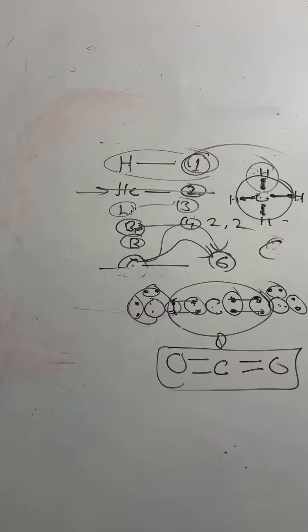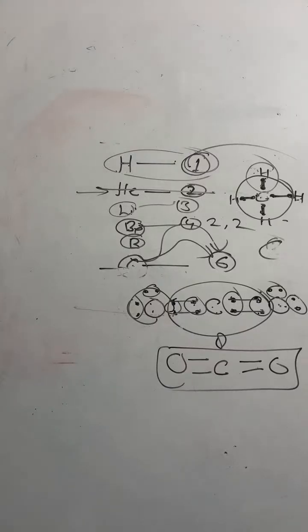Is it donating? Answer: no, not donating completely. It is only shared. So that's why we say covalent bond. Got it or not? Till now? I hope it is clear.